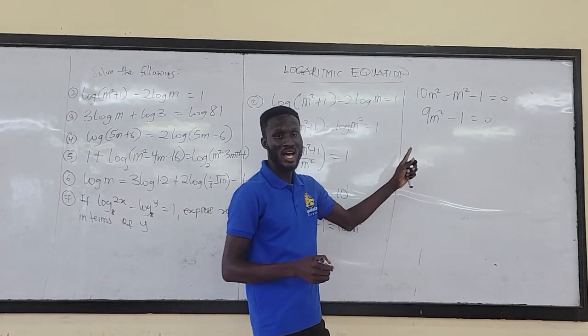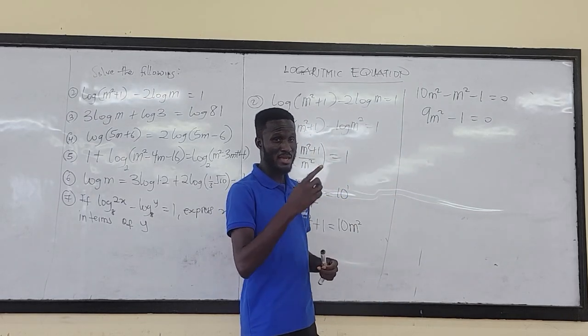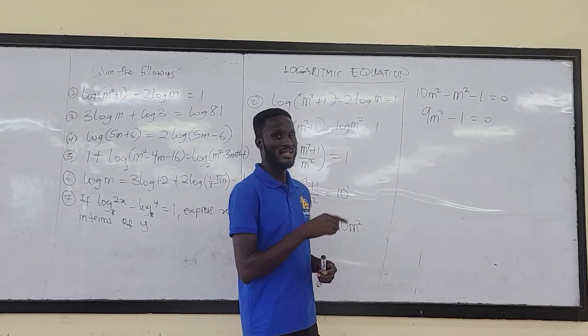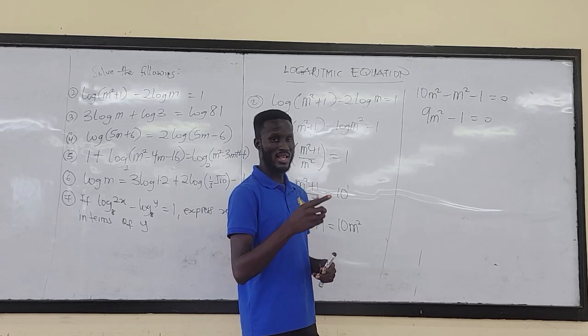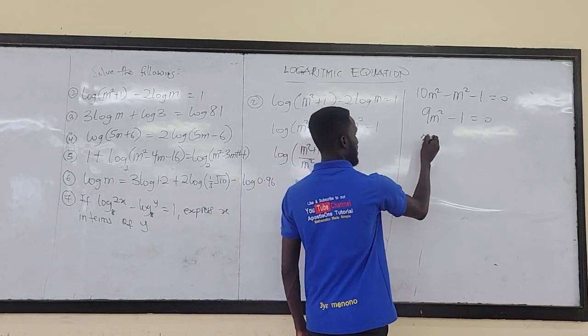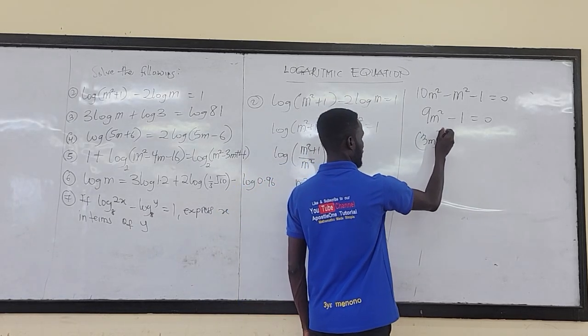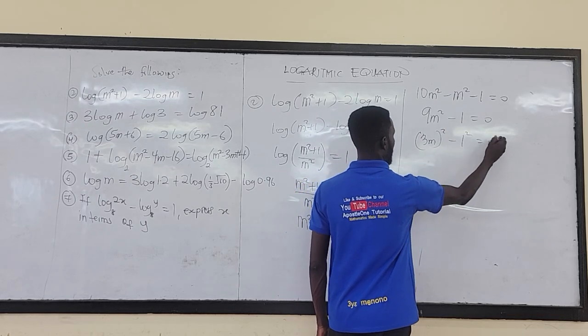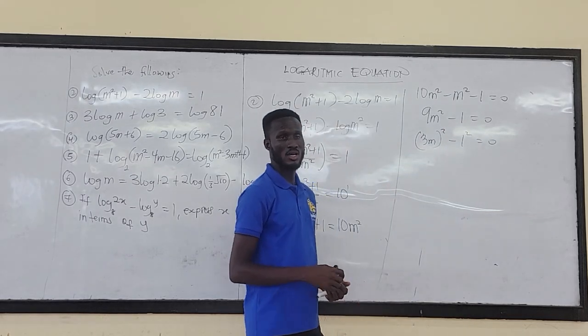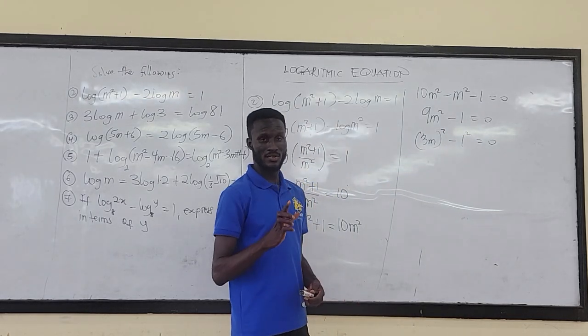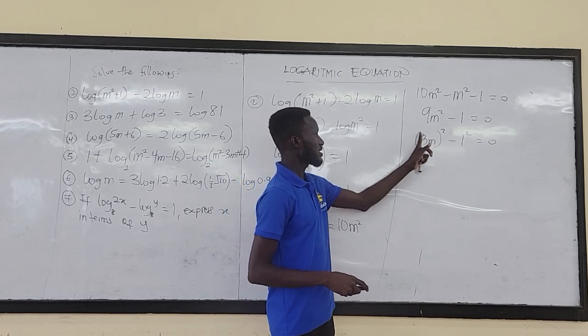Now at this point I can apply the difference of two squares, because 9 is a perfect square number, the m squared is a perfect square, and 1 is a perfect square number. So this one means 3m all squared minus 1 squared equal to 0. So it becomes a difference of two squares, because 3 squared is 9.